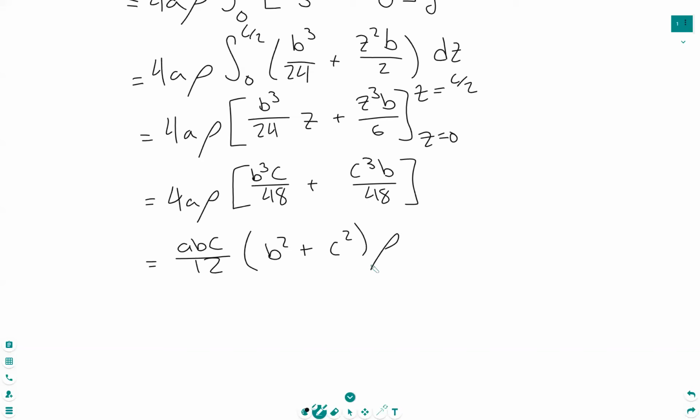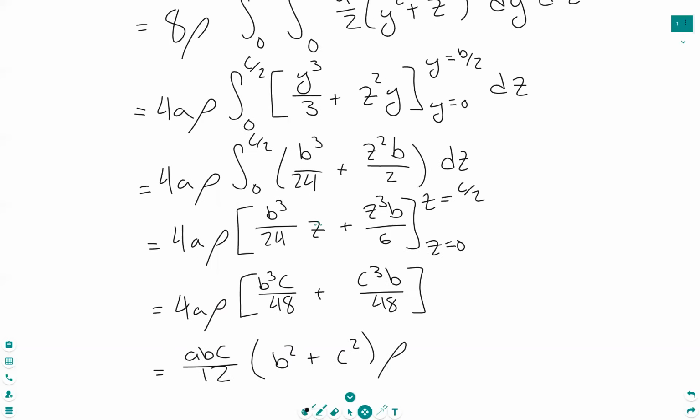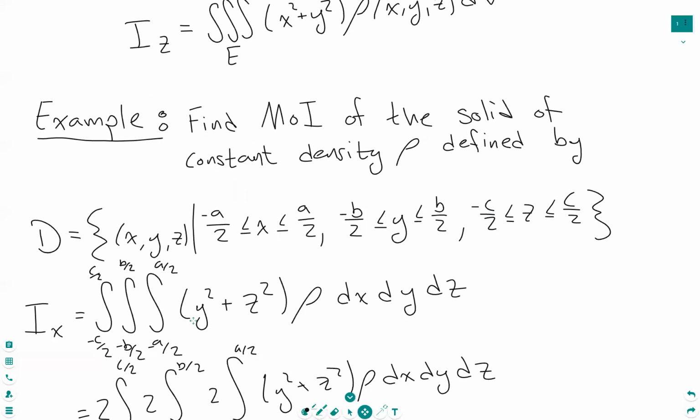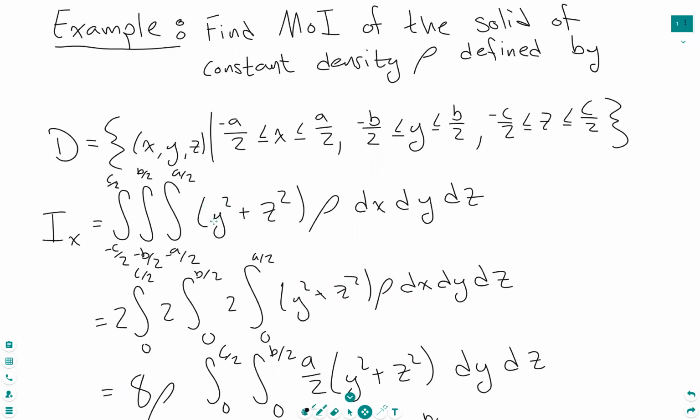what we could do is notice again the symmetry that's really happening here, right? So notice the form that I have for abc over 12 times b squared plus c squared. Well, b and c were the variables that linked us to y and z, and we started with y squared plus z squared. If you imagine that we replaced maybe this y with an x, then we're doing Iy.